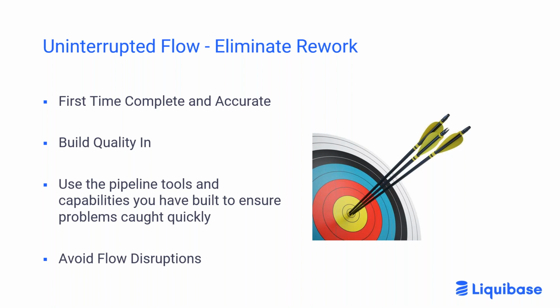They're using the pipeline tools and capabilities. They have to ensure any problems are caught quickly, and they've optimized those flows to avoid disruption. If something does come through, they've got a good way to get it out of the way. Because if you think about it, any kind of flow disruption is going to bottleneck your process pretty quickly.